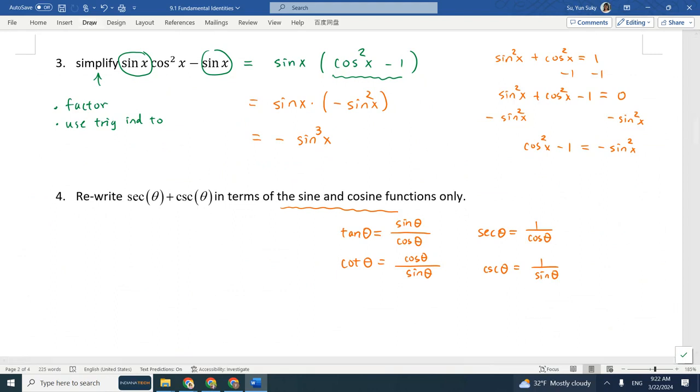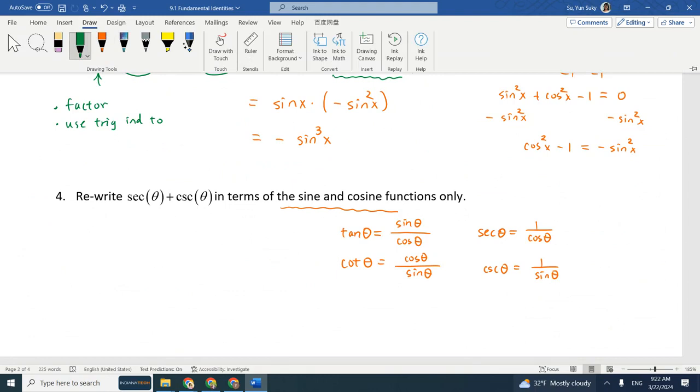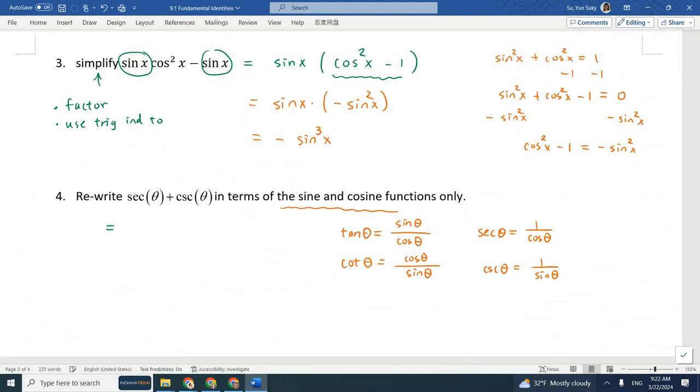So let's see. What is secant? 1 over cosine. And what is cosecant? 1 over sine.